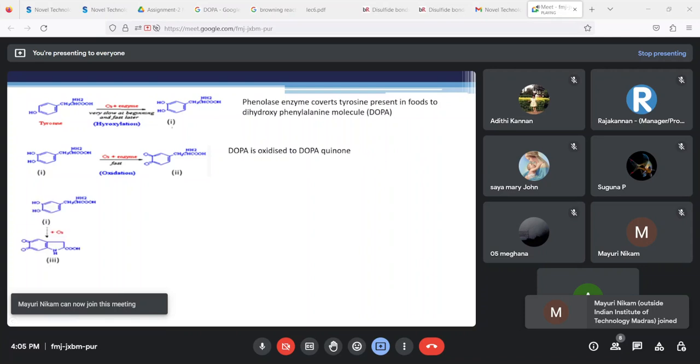So the third reaction is where DOPA is oxidized into some other molecule that has a specific ring like this. So what does this ring stand for? You have the same quinone-like molecule, and what is this? Any clue? What is the functional moiety here?